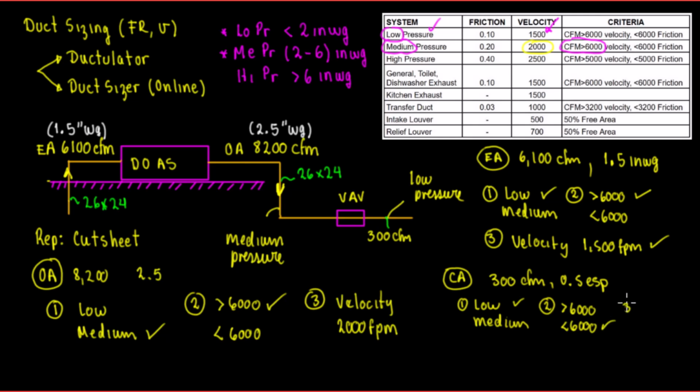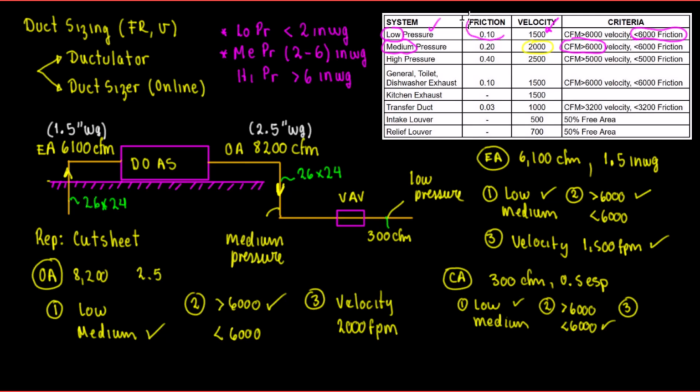Number 3 is going to be the criteria. Which criteria are you checking? Let's check here with the color pink. I don't know why I always choose that color. So for low pressure and less than 6,000 CFM, you use the friction method. What's the friction for low pressure?